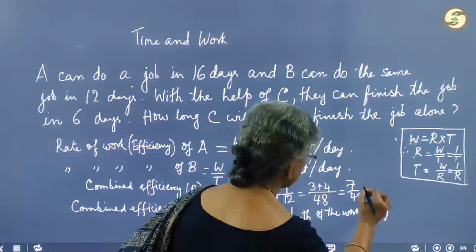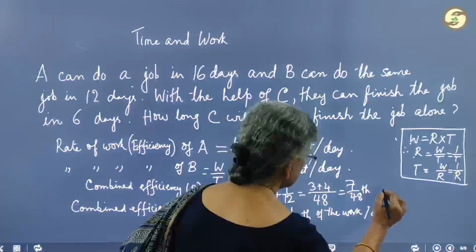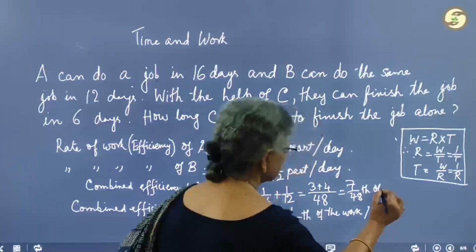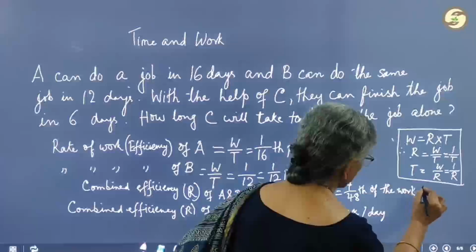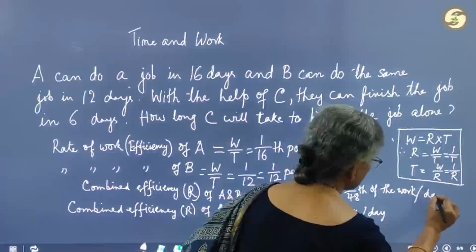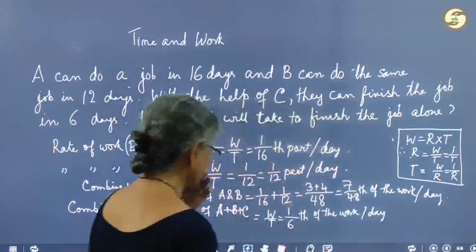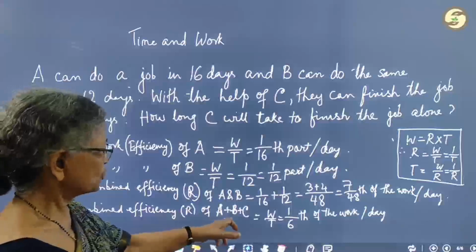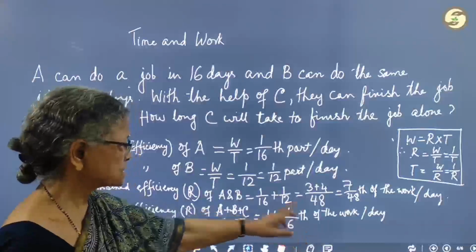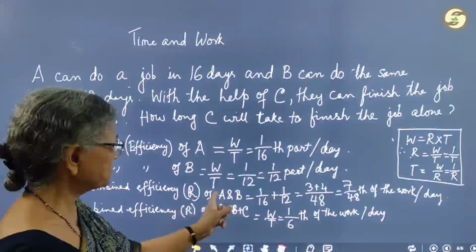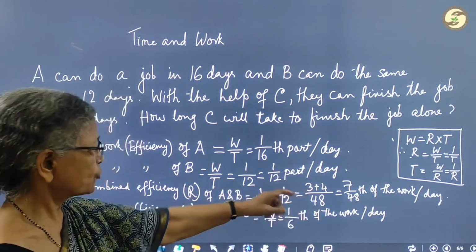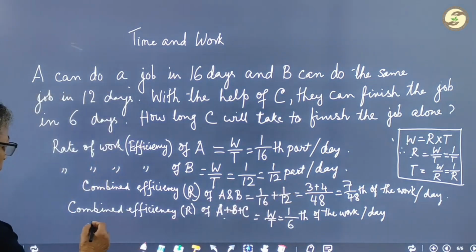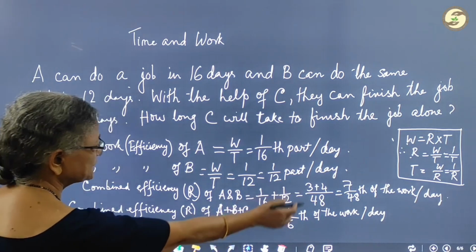So what is the rate of work of C? What is the efficiency of C? Together ABC combined efficiency is 1/6 and combined efficiency of A and B is 7 by 48. So efficiency of C is this minus this.